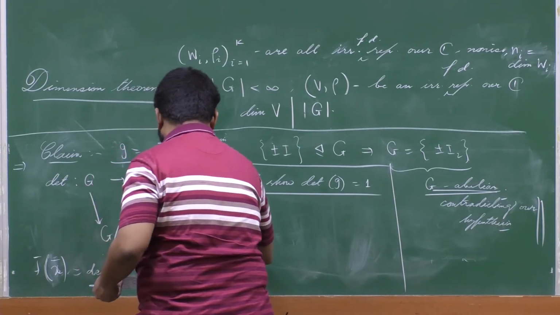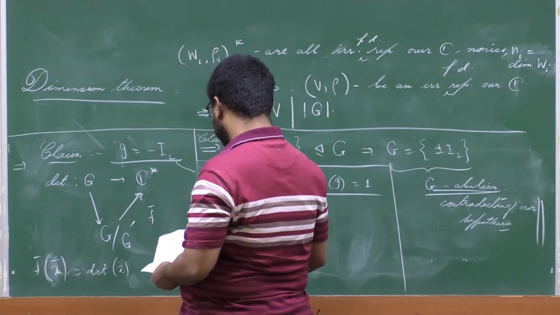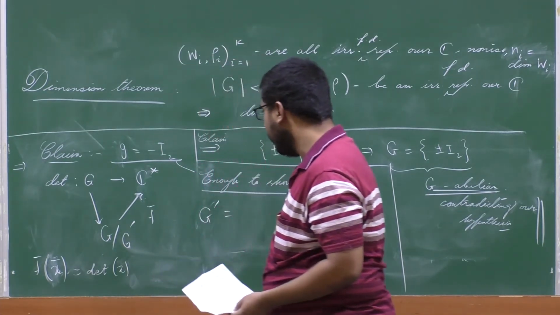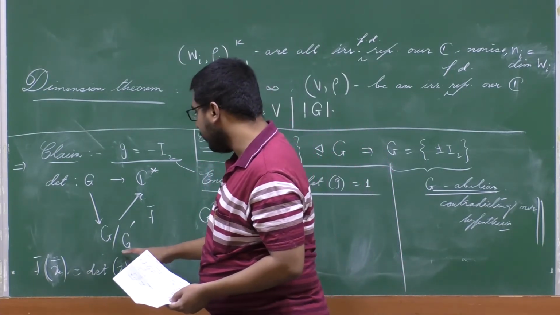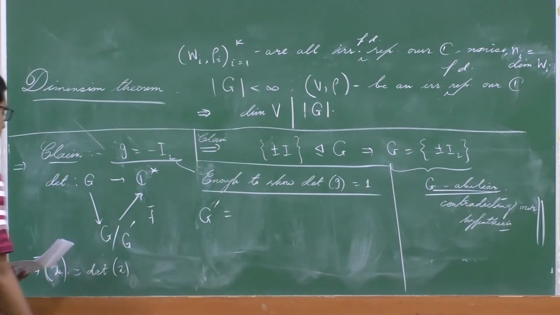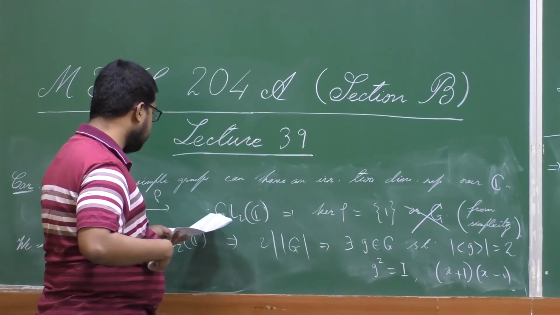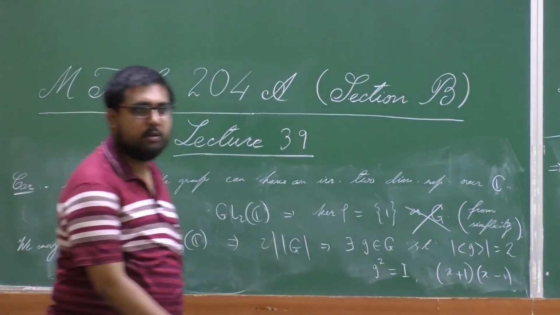But what about G prime? G is simple, so G prime must be trivial or the whole of G, right. G prime trivial means G is abelian, but since we assume G has a 2-dimensional character, G cannot be abelian.